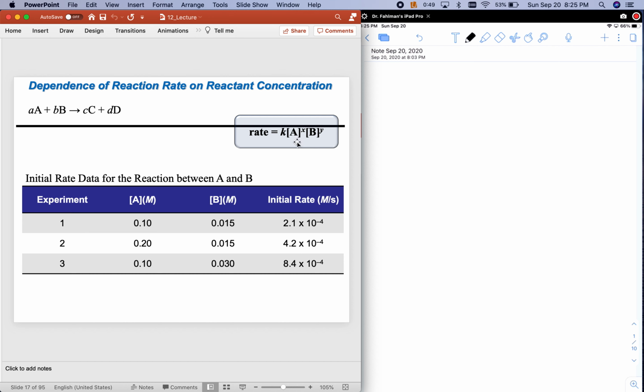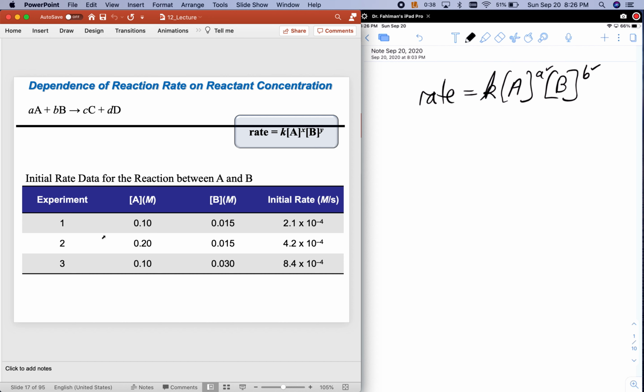If we write this general form, it's just A raised to some power, and then B raised to some power. We really want to know what those exponents are. We are going to compare experiments where only one of the reactants is being varied, and the other one is held constant.